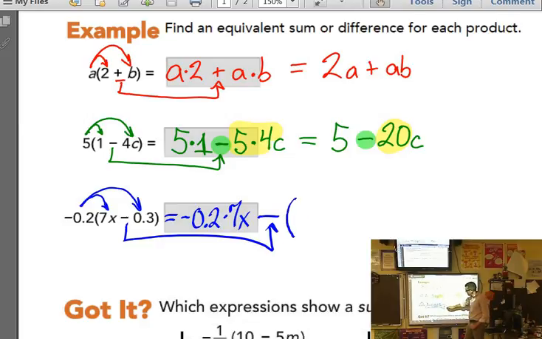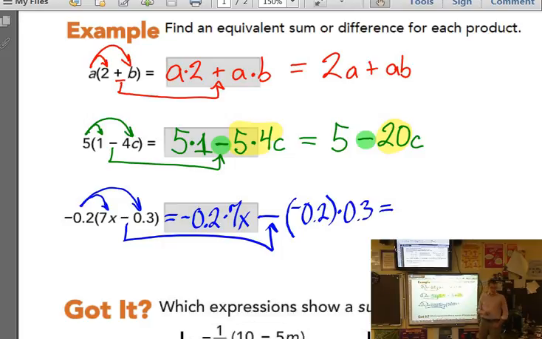Because I have minus the negative, I'm going to put that in parentheses, times 3/10. Perfect. Questions on how we did that distribution? We did the negative 2/10 to the 7x, and then the negative 2/10 to the 3/10. This we're using as a minus, so it comes over as a minus.